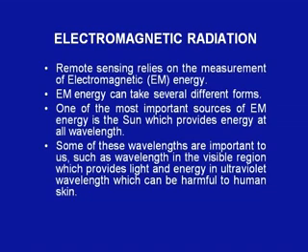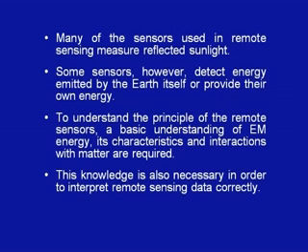Some of these wavelengths are important to us, such as the wavelength in the visible region, which provides us light, and energy in the ultraviolet wavelength, which can be harmful to the human skin. Many of the sensors used in remote sensing measure the reflected light.